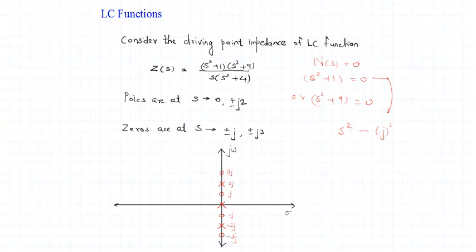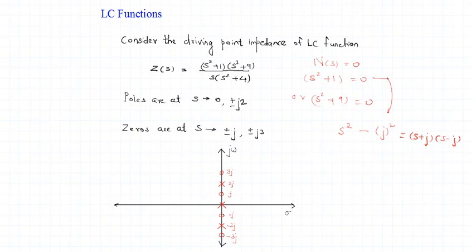So j square is minus 1, minus minus becomes plus, and we get s square plus 1, which is nothing but what was there in the original equation. So s square plus 1 can be written as s square minus j square, and this we can further express as s plus j and s minus j.